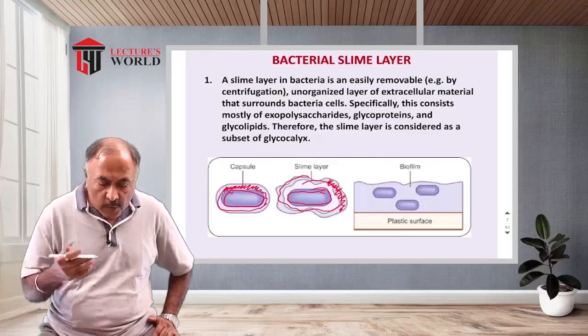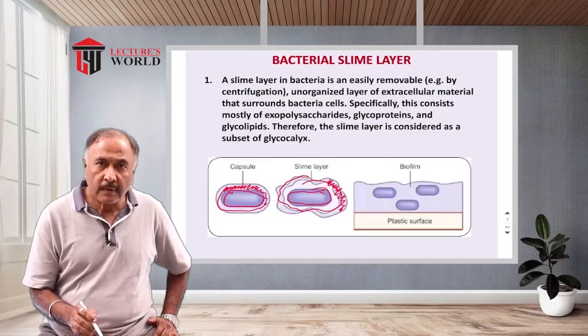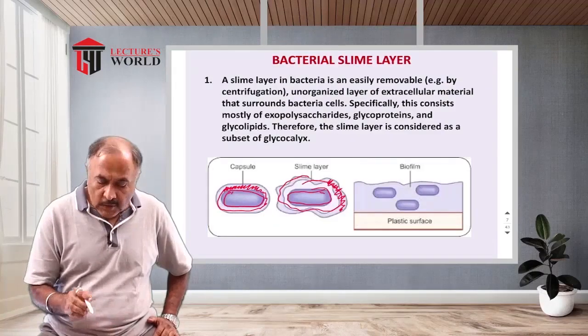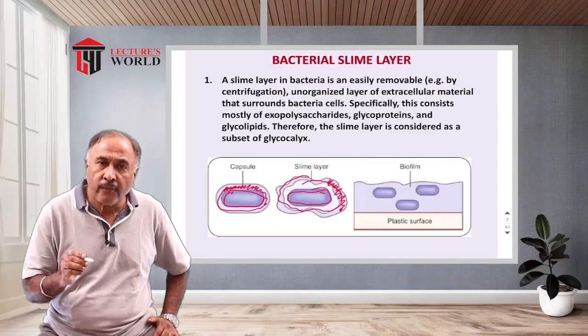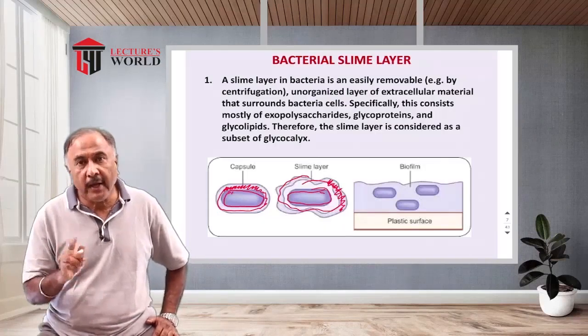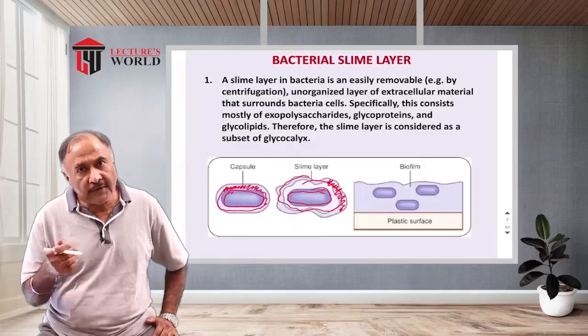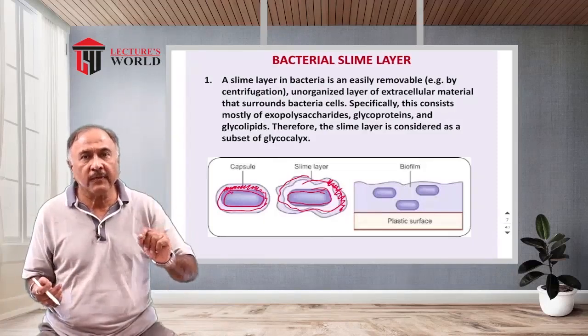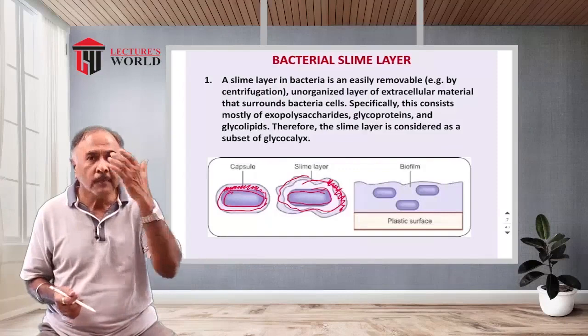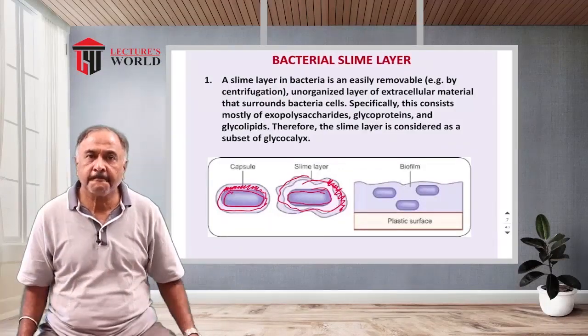And as I have told you earlier, these capsules also help in the formation of biofilms. That is the function of the capsule in attachment, adherence. You can call it an attachment to some solid surface like plastic, wood or even leaves or twigs, whatever is there in the environment.